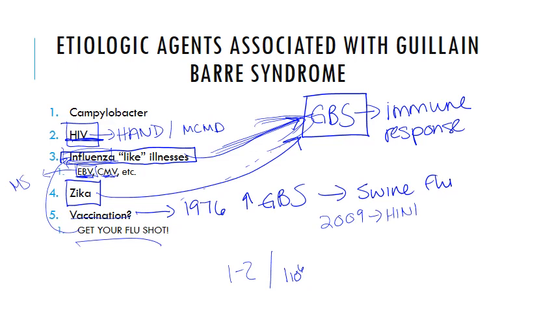So much better to get the vaccination. You not only avoid getting the flu, but you also reduce your risk of influenza-induced GBS compared to what you would get if you actually got the flu. Does that make sense? Either way, get your flu shot. Okay, those are the main take-home points.